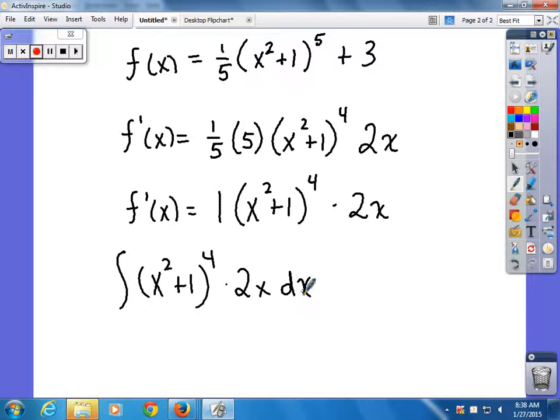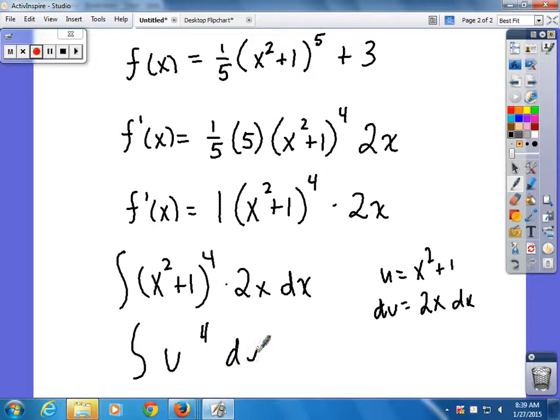So what is u? x squared plus 1, because this is the more difficult term. This is the easy term, that's the more difficult term. So I'm going to say u is equal to x squared plus 1. Therefore, du is equal to 2x dx. We have that. So what do we have? We have the antiderivative of u to the 4th du.